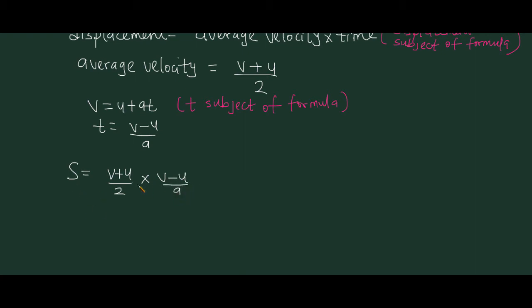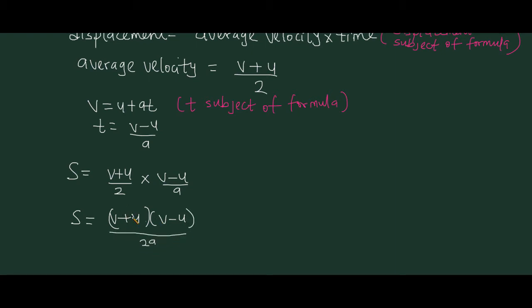When we multiply, this gives us v plus u multiplied by v minus u, all over 2a.